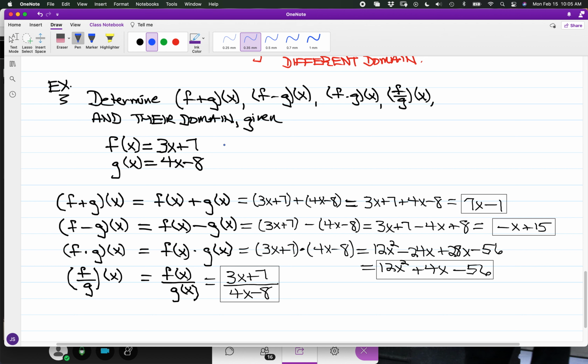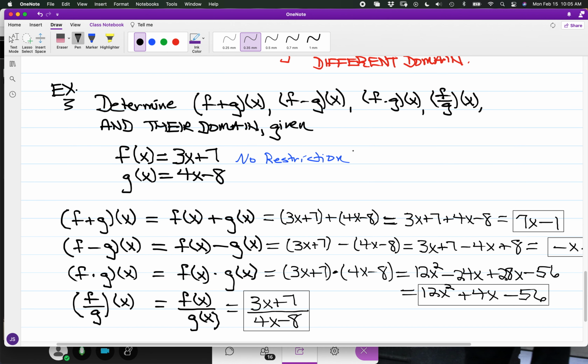This one we don't have a fraction or an even root radical. And guess what? Since there's no restriction on f of x individually, the domain is going to be the set of all real numbers.